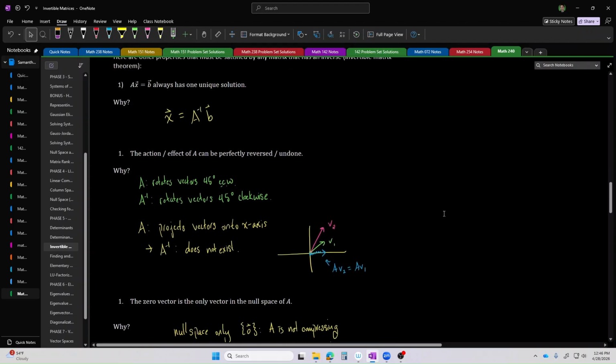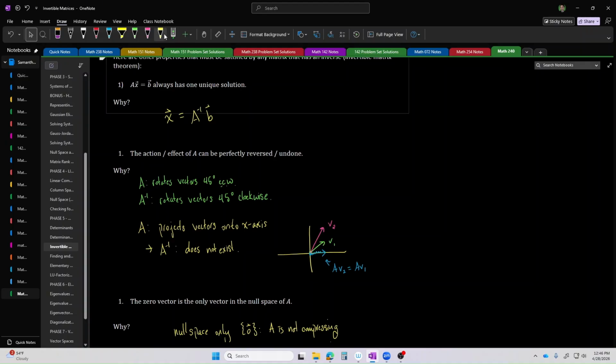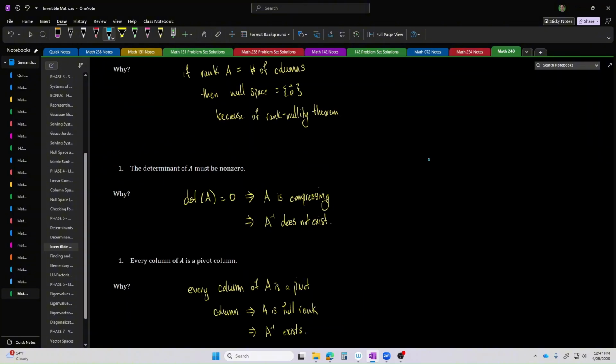You should be able to justify and explain all of these properties from the conceptual work that we have done up to this point. But in practice, the ones that I think are most useful, the easiest condition often to use to check whether a matrix is invertible or not is to see if the determinant of the matrix is non-zero.